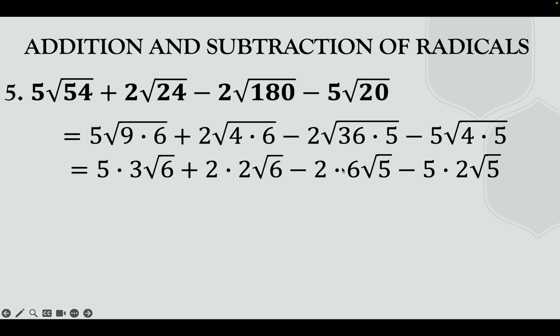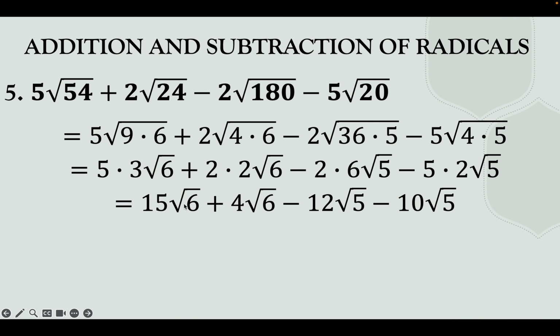Simplify square root of 36, we have 2 times 6 square root of 5. Square root of 4 is 2, so we have 5 times 2 square root of 5. So 5 times 3, we have 15 square root of 6, plus 2 times 2, we have 4 square root of 6, minus 2 times 6, we have 12 square root of 5. Negative 5 times 2, we have negative 10 square root of 5.